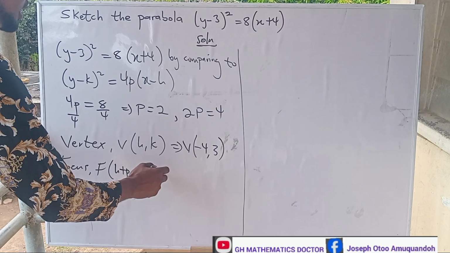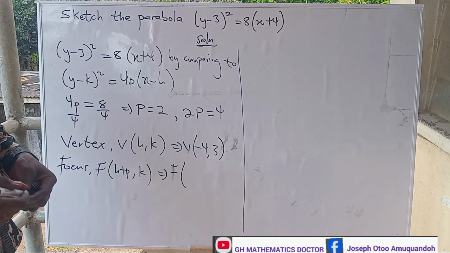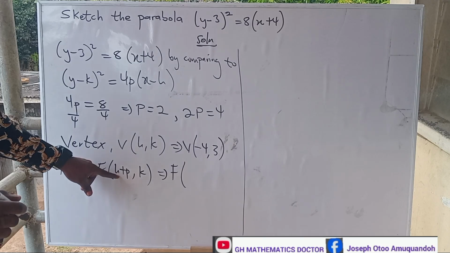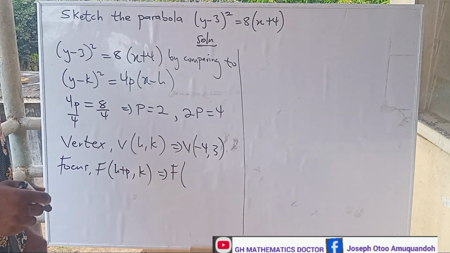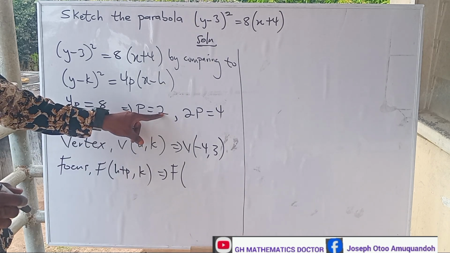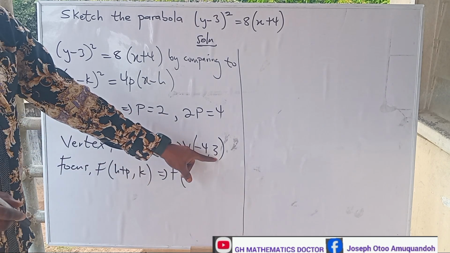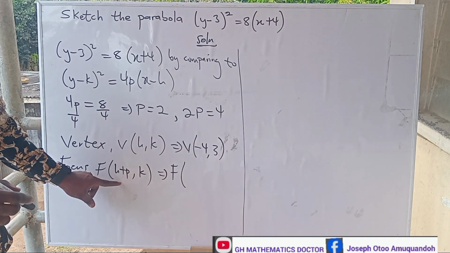Then when we analyze this, we have the h to be negative 4, we have the p to be 2, and our k to be 3. So we are going to do substitution.